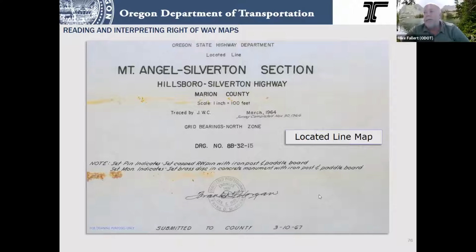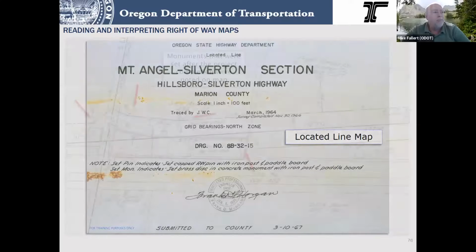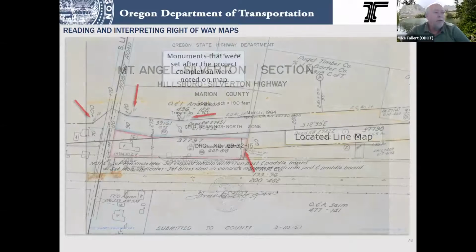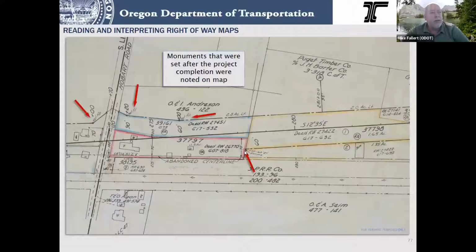To us, it is still living, but they did file this as submitted to the county in 1967. Not all of our maps did this. Not all of our engineers or surveyors did this back in the day. And so today we do a monumentation map separate from the right-of-way map. So some of the maps are stamped, but that's why. And you'll see that there was a monument set and that sort of thing.